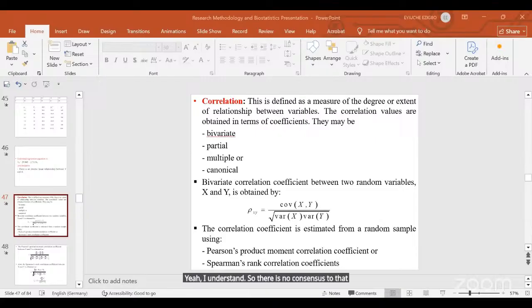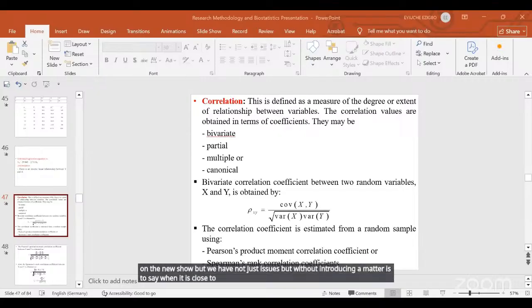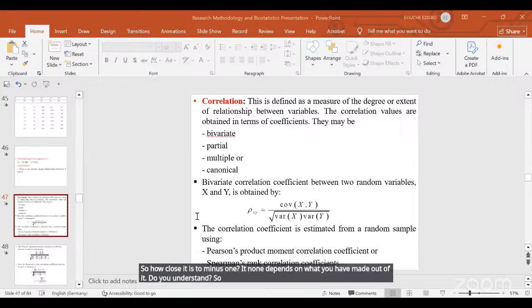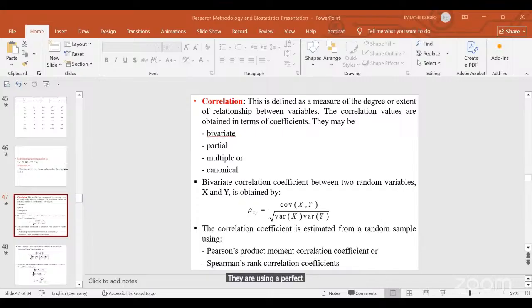But the best bet, to be sure that we do not introduce an error, is to say when it is close to -1. How close it is to -1 now depends on what you have made out of it. So when it is close to -1, there is a perfect negative relationship. When it is close to 1, there is a perfect positive relationship. Is that clear?